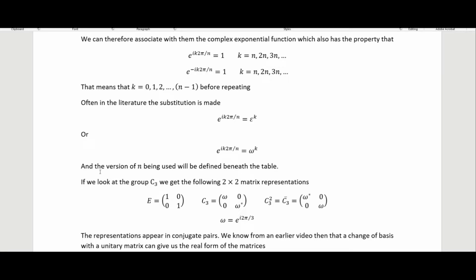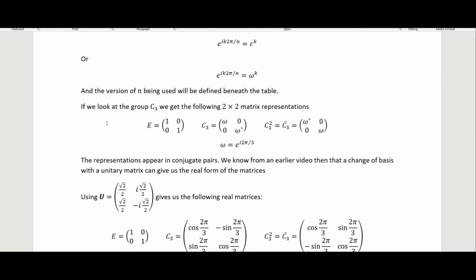And the version of n being used, whether it's 2, 3, 4, 5, or 6, will be defined beneath the table. So you'll often see them put this underneath the table so that you know which version of n you are actually using in that table.